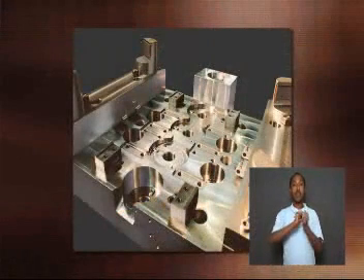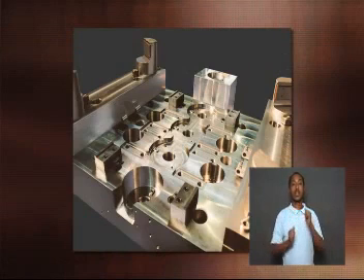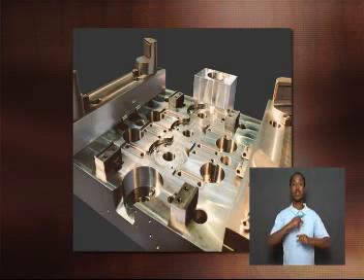Converting pig iron into steel is essentially a purification process in which the impurities are removed by oxidation. This process of purification is carried out in a furnace at high temperatures.